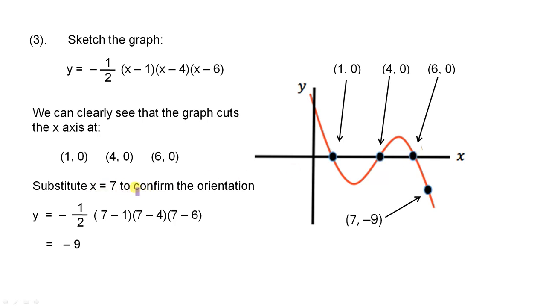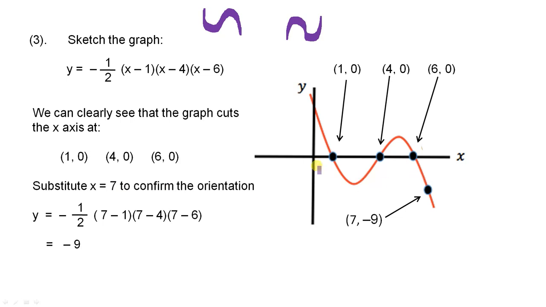If we substitute x equals 7, that'll help us find out the orientation of the curve. Again, when you're given this factorized form you can always find where the curve cuts the x-axis, but we're still not sure whether the curve goes like that or whether the curve goes like that.